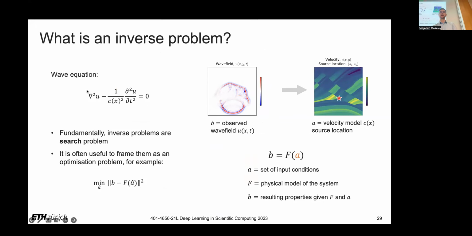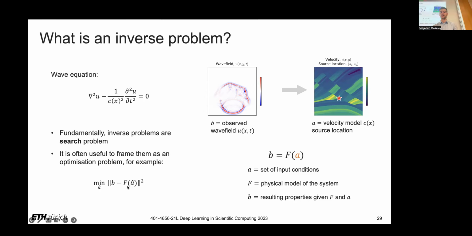So in terms of the wave equation here, given observations of u, can we figure out what c of x is? So what is this function, and what is this velocity model? As I was explaining in the first lecture, inverse problems are really, really hard to solve. The way that you typically solve them is to frame them as a search problem.